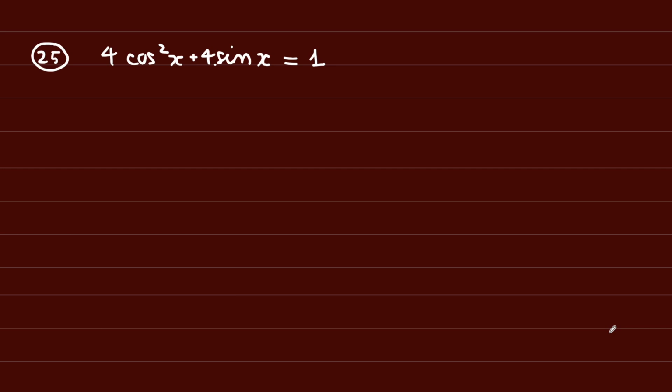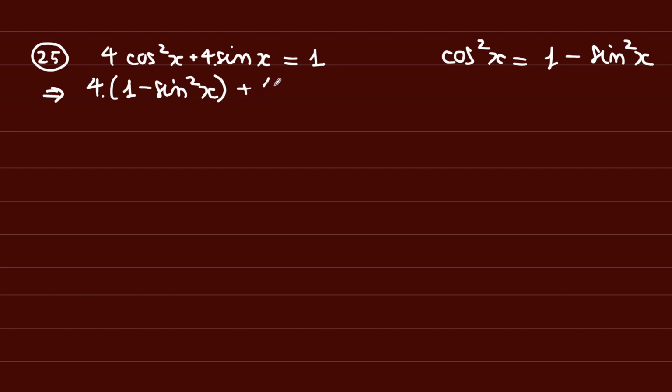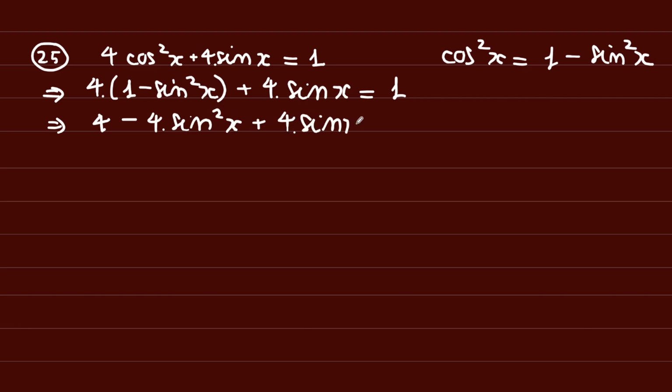About question 25 here, we have cos square h plus 4 sine h equal to 1. Okay, you know how to do it, right? You understand that cos square h equal to 1 minus sine square h. And for this one, I want to substitute cos square by the bracket. Inside the bracket, you got 1 minus sine square h like here. And then 4 multiplied by sine h equal to 1. For this bracket, you got 4 minus 4 sine square h plus 4 multiplied by sine h.